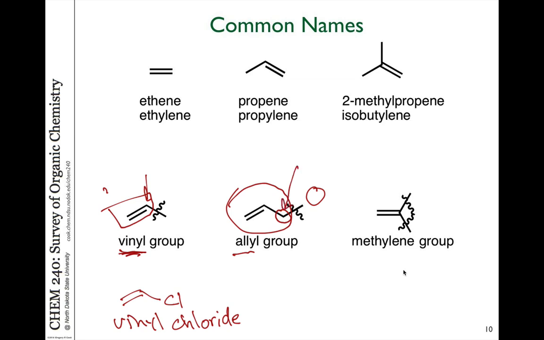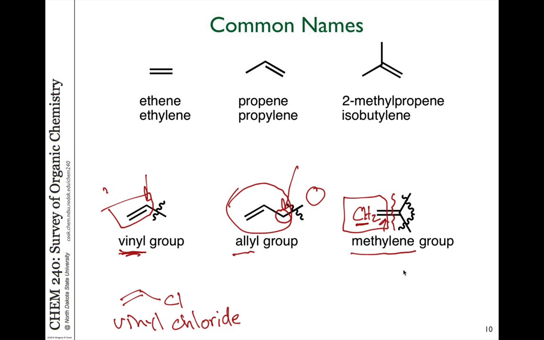There are some special properties of allyl groups in terms of the reactivity of this allylic position that we'll talk about later. And if you have a double bond attached at the end, I'm going to draw the carbon here because it's a CH2. Let's say we're just referring to this group on a larger molecule, a CH2 group double bonded to something larger, so actually the substituent would be here. We refer to this as a methylene because it's one carbon with a double bond. And where might you see something like this?